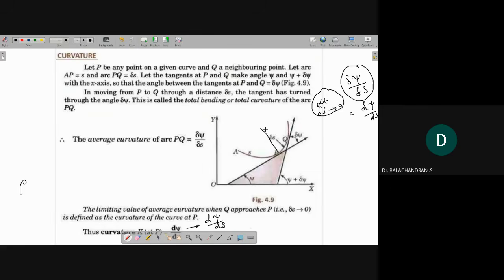This is the normal to the tangent at P. From this point P, the distance rho, the radius of curvature, gives the center of curvature.